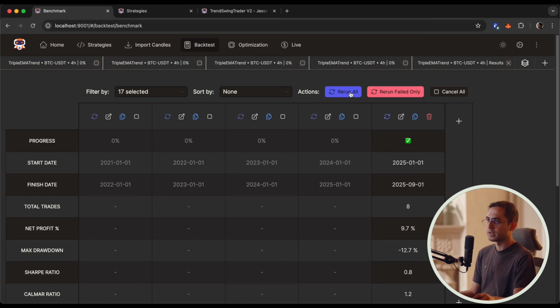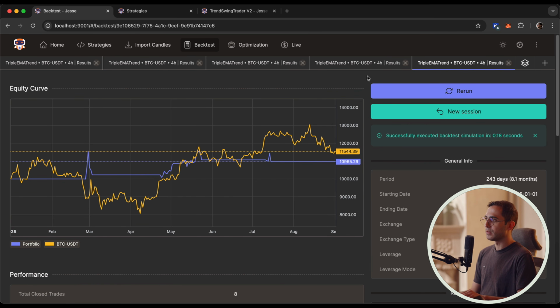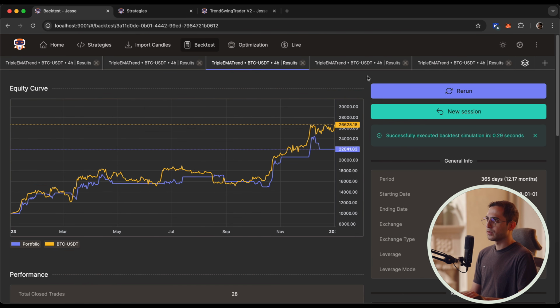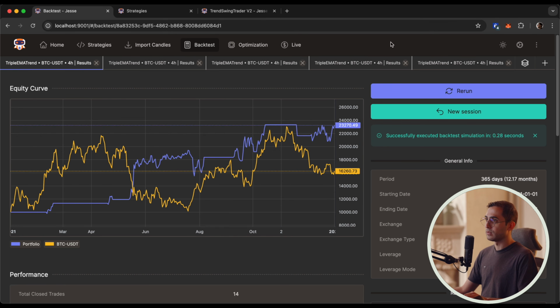So we just click on this, and now if I go to the result, this is how it looks like. So you see now we are almost beating the market. Now if I had multiplied by 2, we would have definitely done that. And here we're also making more, and also in here.